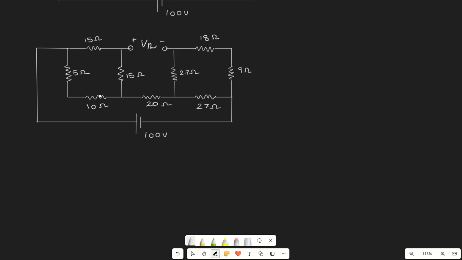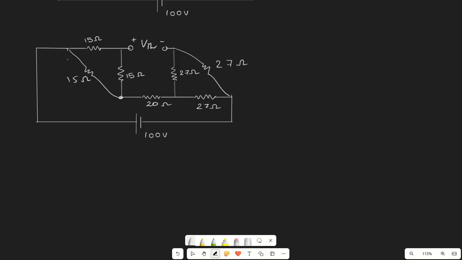If we check, this 5 ohm and this 10 ohm are in series, so we can combine them together. 5 plus 10 gives a 15 ohm resistor here. Similarly, this 18 ohm and 9 ohm are in series, so we can combine them into 9 plus 18, which is 27 ohm, right?